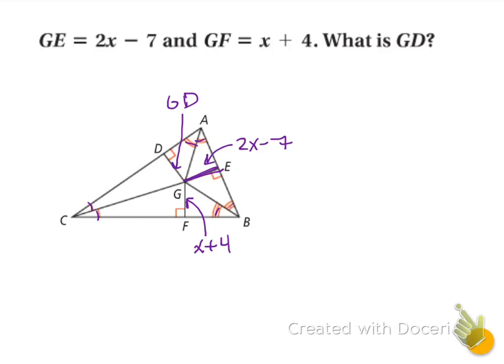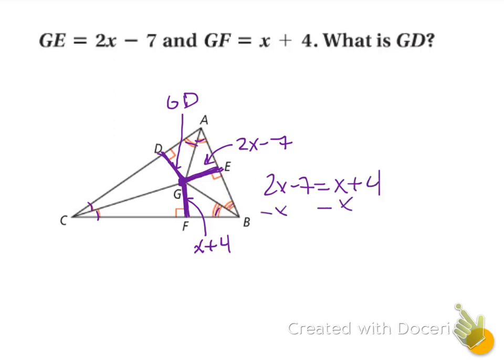So if I have angle bisectors, that means my point here should be equidistant to all of my sides. So that means from this to the side should be the same as from this vertex to this side, and this dot, the center here, to this side. So all of my sides here should be the same. So if they're the same, that means they're congruent, which means we can set them equal to each other.